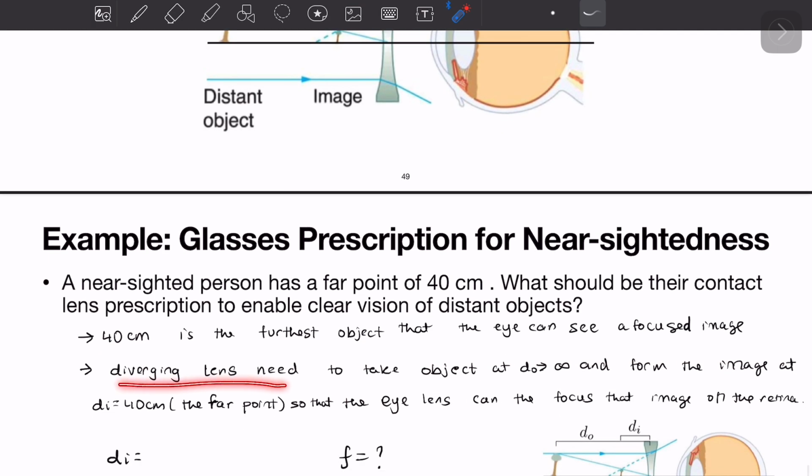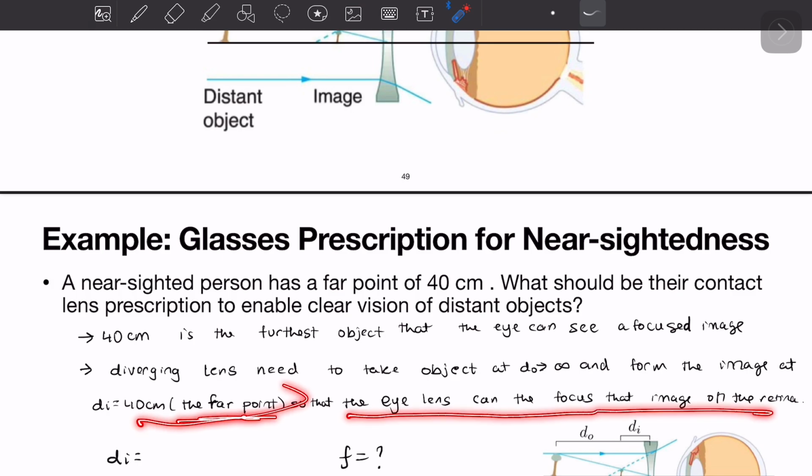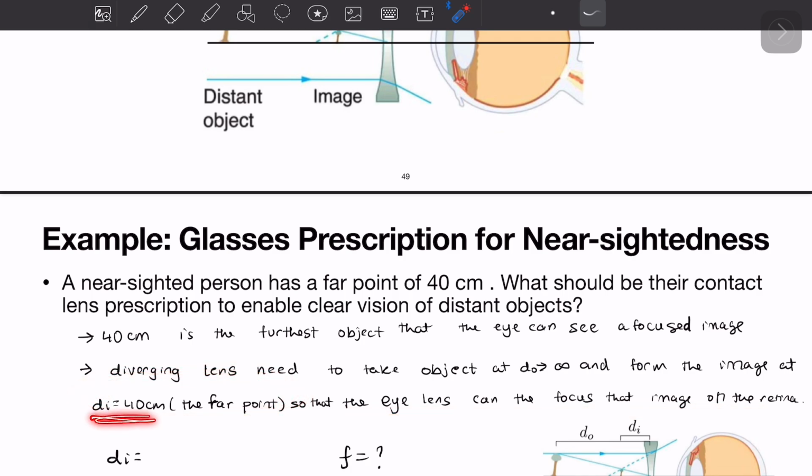We need a diverging lens to take the object all the way out at infinity, a distant object, and form the image at 40 centimeters because that's the far point, so that the eye lens can focus this image at 40 centimeters onto the retina, because this is the furthest distance that our myopic eye can focus the image from.